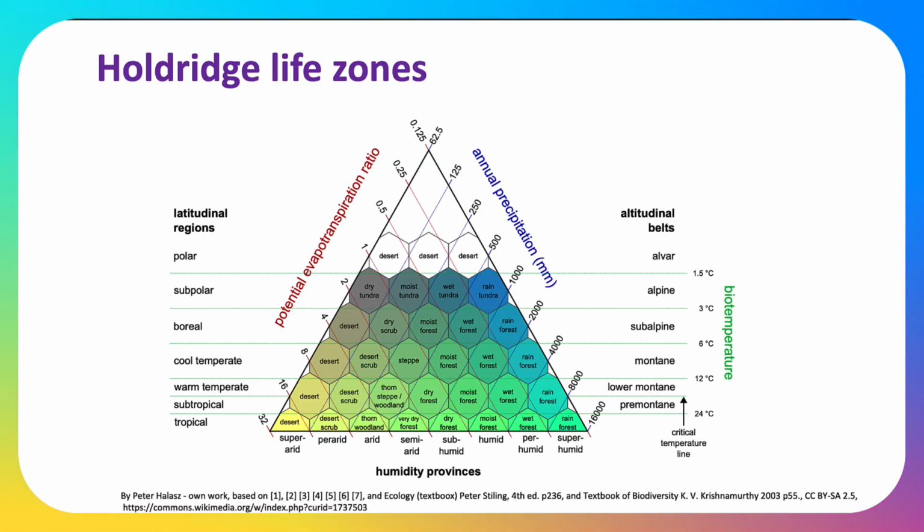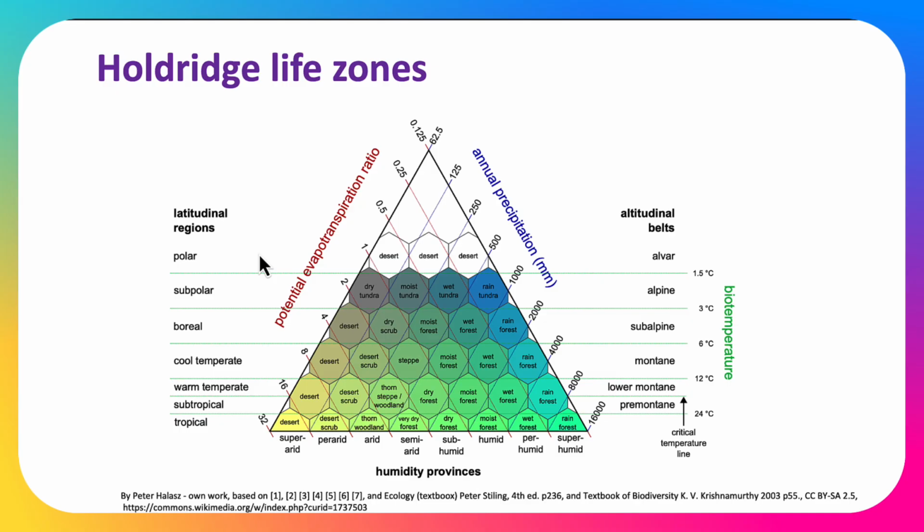Now, we've also got this other system called the Holdridge Life Zone, which has several factors, and where they meet, we can determine what type of ecosystem it is. So you can see here we've got the annual precipitation, we've got the altitude, so like alpine, I'm sure you recognise, and we have the biotemperature, so like the temperature of the plants, if you like, of the living organisms in that area.